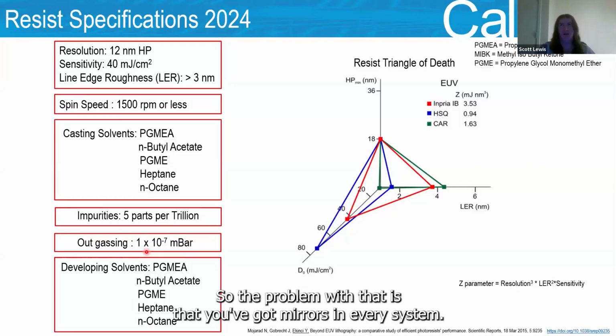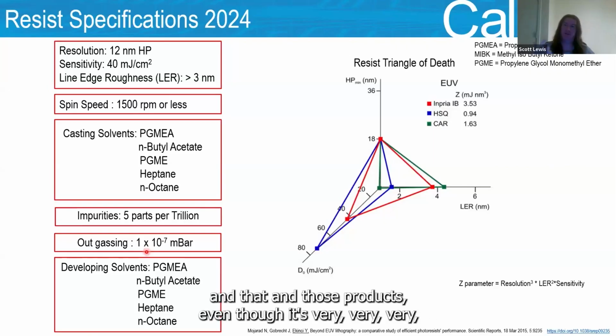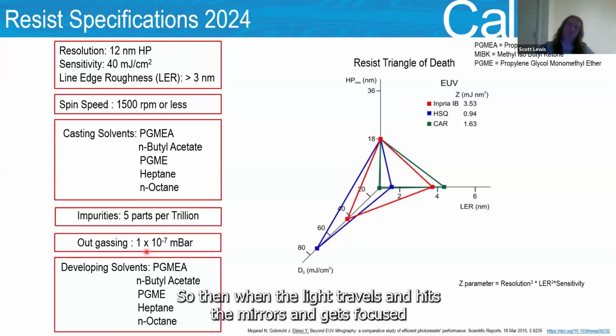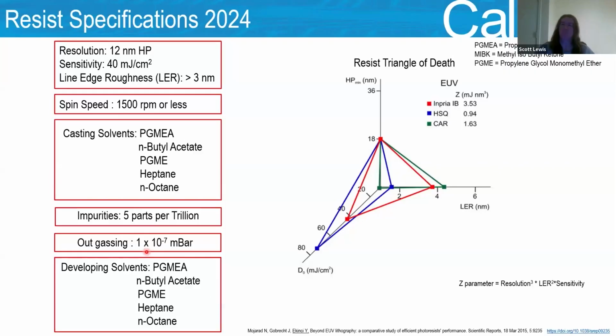The problem with that is that you've got mirrors in an EUV system that are atomically clean, and now your resist is outgassing, and those products, even though they are infinitesimally small, end up on the mirrors. Then when the light travels and hits the mirrors and gets focused, and then goes through them or gets reflected from the mask, you've got problems. So this is really, really hard.